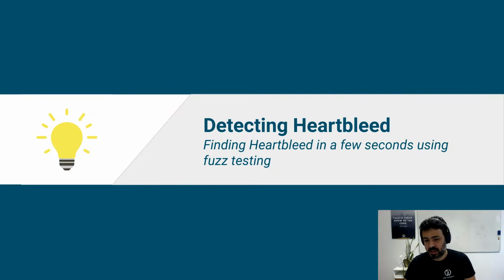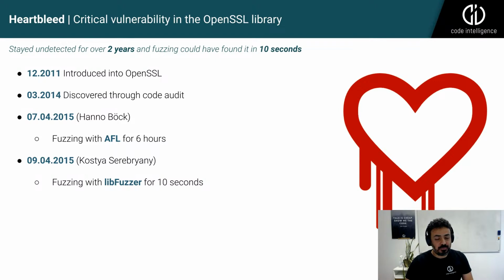Let's have a look at how it can handle such vulnerabilities like Heartbleed. Here are some interesting facts about this bug. Heartbleed stayed undetected in the OpenSSL library for over 2 years. In late 2011, it was introduced into the code base.